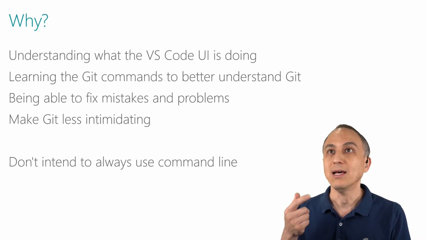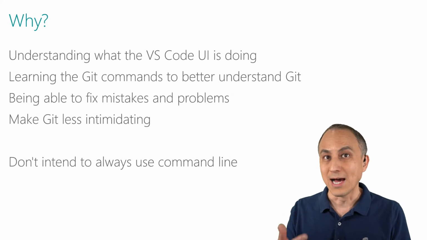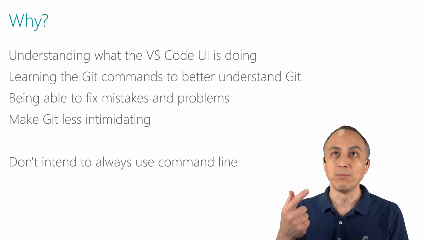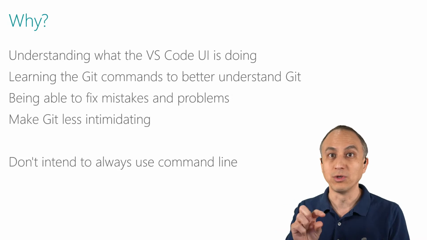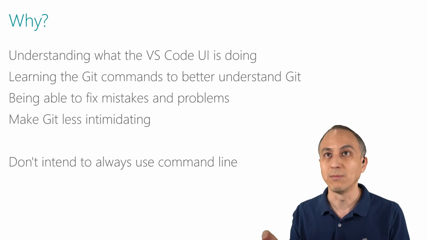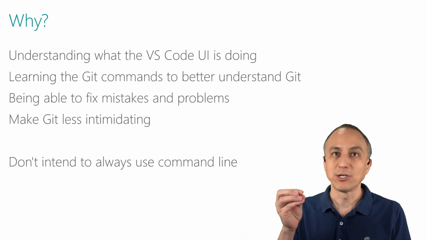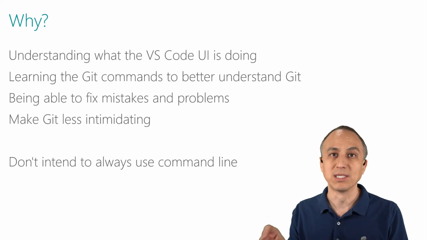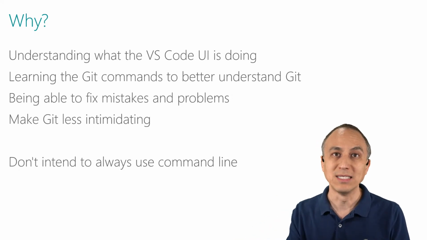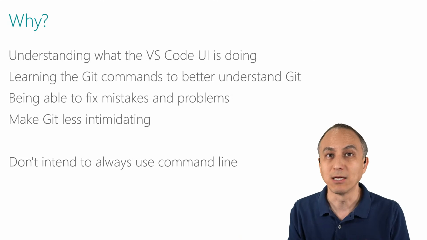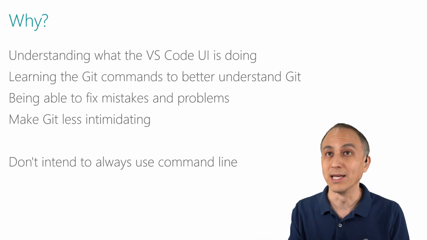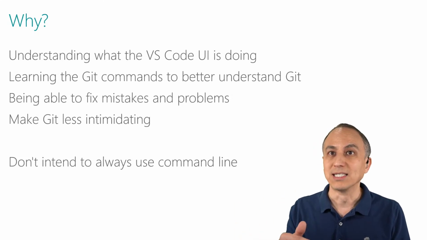Second is learning the actual Git commands being issued and being able to issue those myself via the command line if I wanted to. And as I mentioned, being able to ultimately fix some mistakes or roll things back if I make a mistake with Git, which is not uncommon actually, and make Git less intimidating.